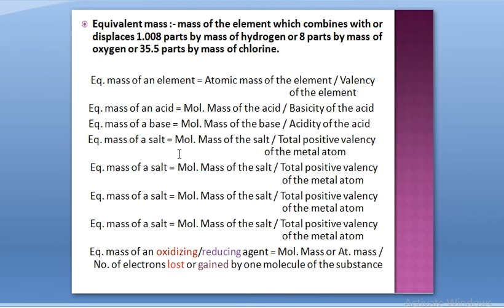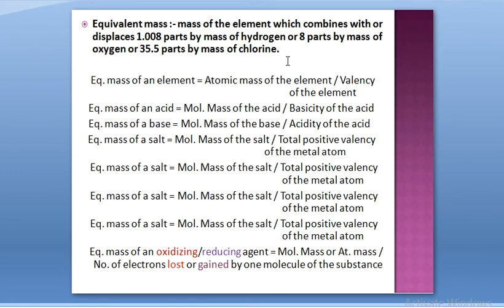Now we have spoken about equivalent mass in the previous slide quite a number of times. So we need to know what this equivalent mass is. It is defined as the mass of the element which combines with or displaces 1.008 parts by mass of hydrogen or 8 parts by mass of oxygen or 35.5 parts by mass of chlorine. हमारे पास ये जो scale है measurement की, it's a relative scale.